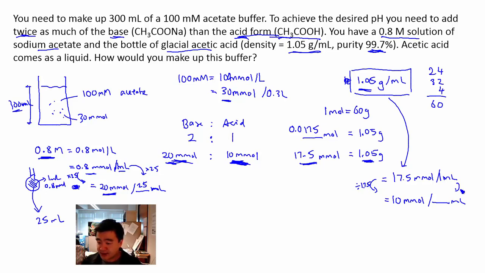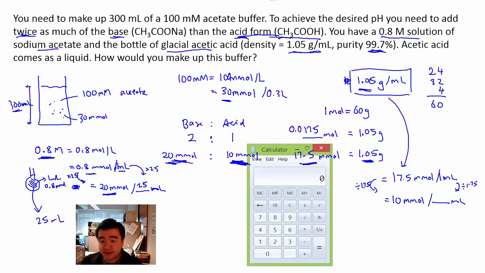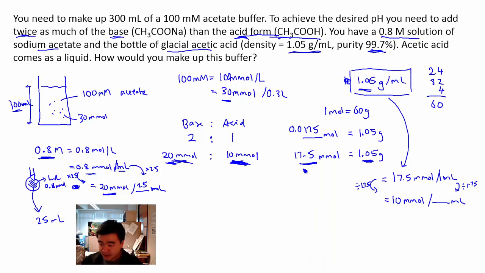And to get from 1 down to this, again, we do the equivalent calculation over here. 1 divided by 1.75 is equal to 0.571, roughly. Okay, so this means that to get 10 millimoles of my acetic acid, I need to use 0.571 mils of my acid stock.